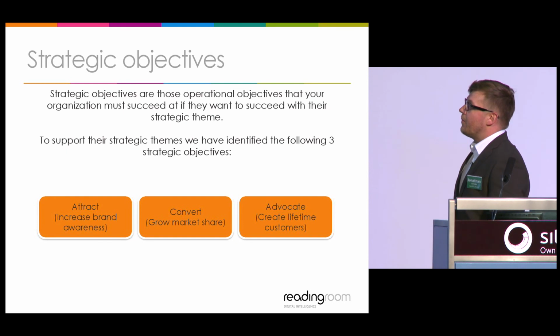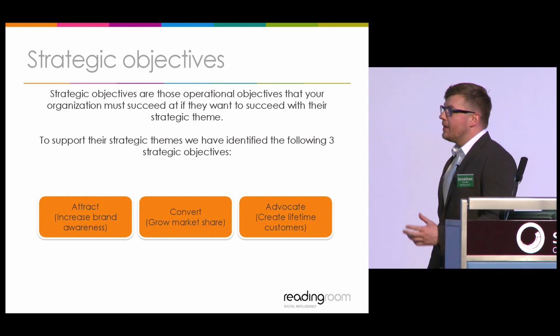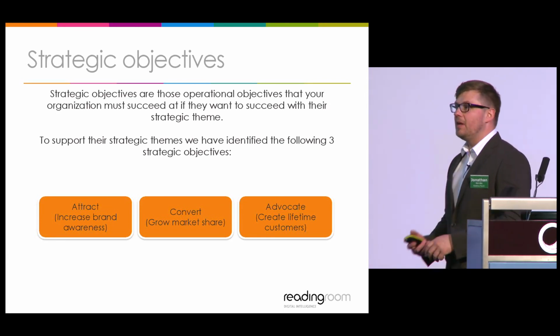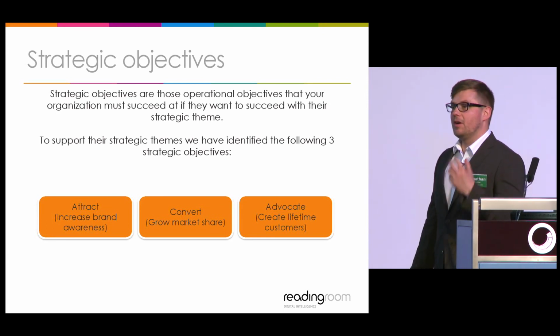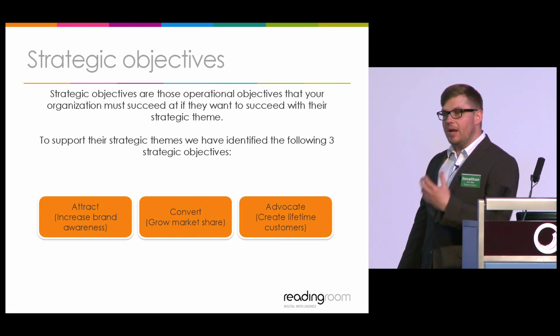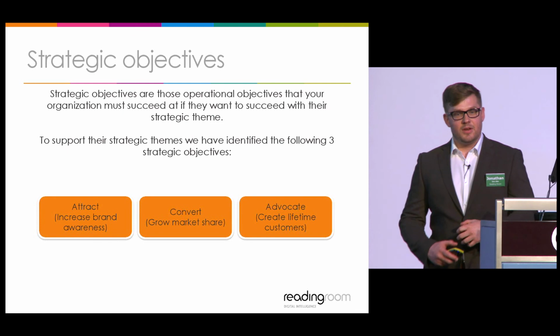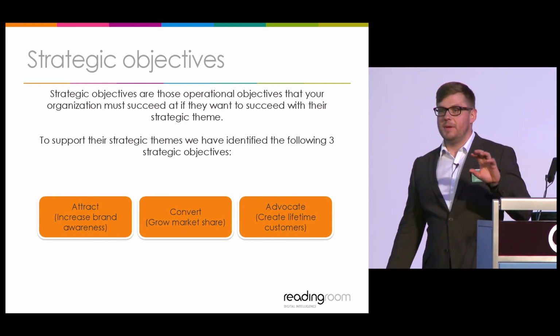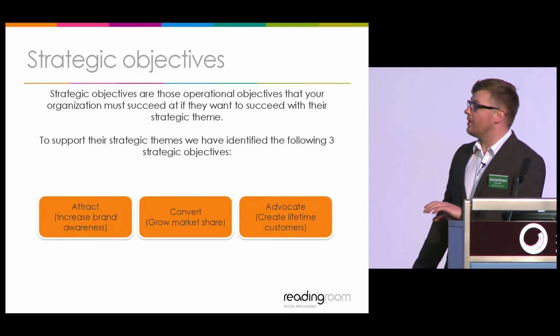So we want to increase our brand awareness. We want to attract new people to our website. We want to make sure that people who are looking for innovative holiday products are coming to Office Core. We then want to convert those people, so we want to give them clear calls to action, an easy access website whereby we can convert people who are just coming to look into people who are coming to buy.